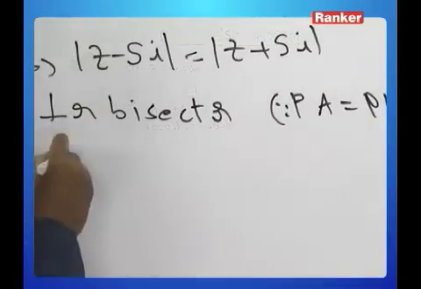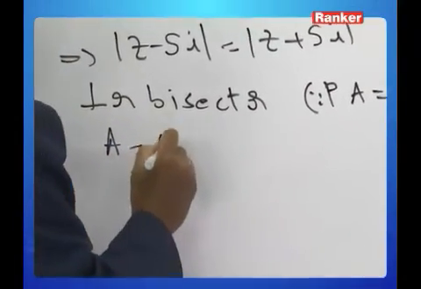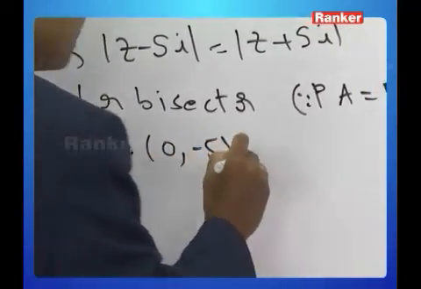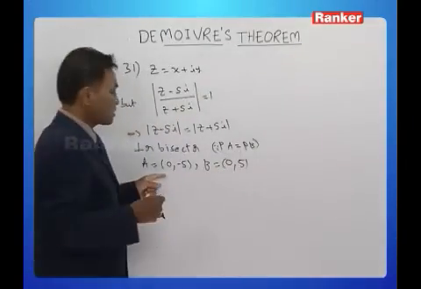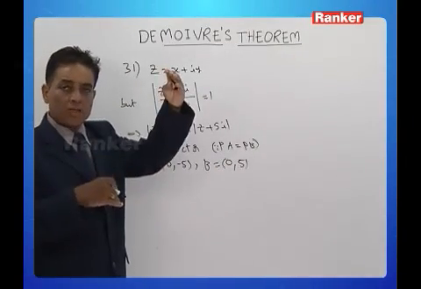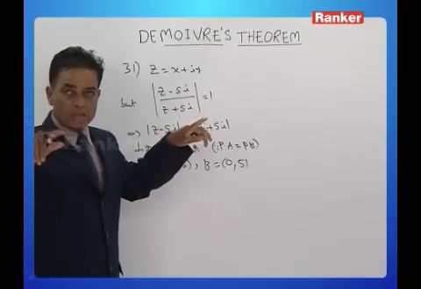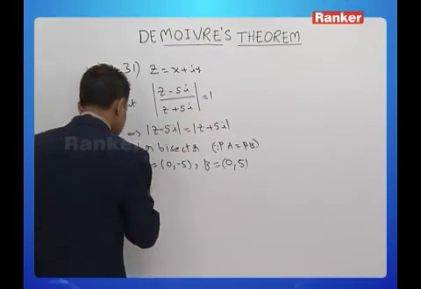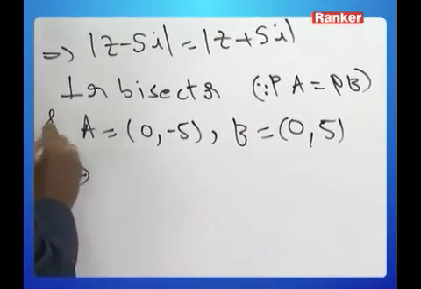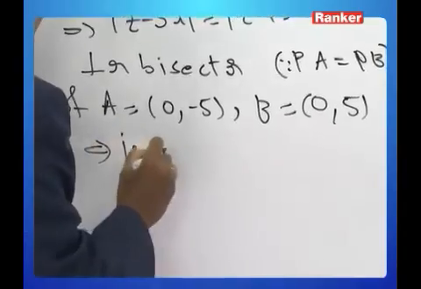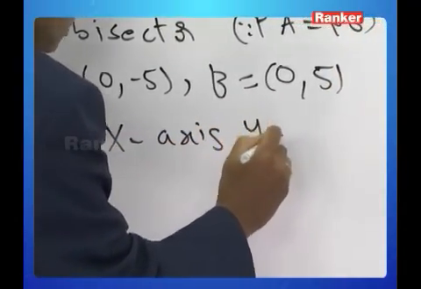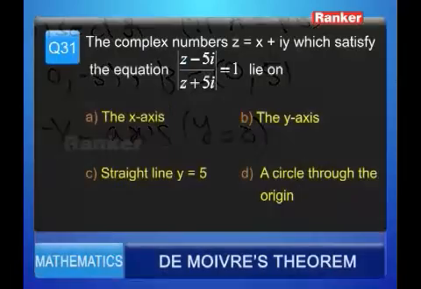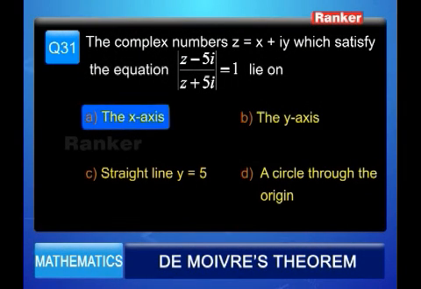Yes, 0 and minus 5, 0 and 5. This is on the y axis, right? 0 minus 5 and 0 5. The perpendicular bisector is the x axis. So, the answer is x axis and the right option is the first one.